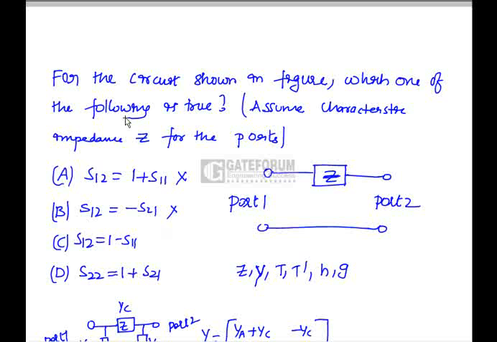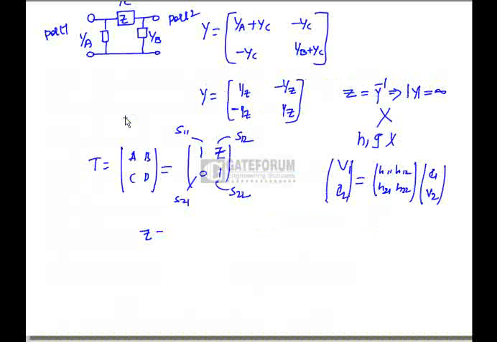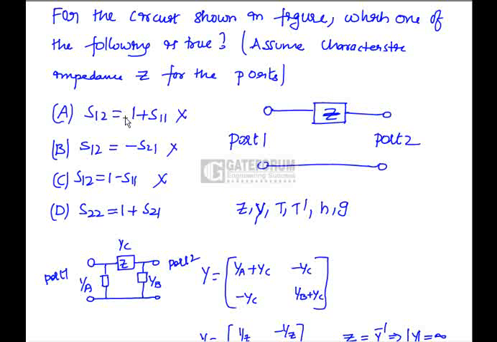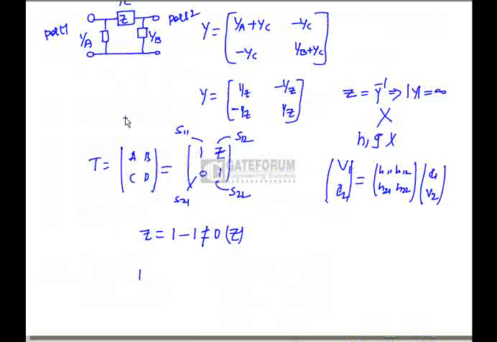Similarly, option C: S12, that is Z, is equal to 1 minus S11, which is 1. This is not equal to 0, or you can say not equal to Z. So this option is also wrong. Now look at the fourth option. S22, that is 1, is equal to 1 plus S21, that is 0. So this one is satisfying.